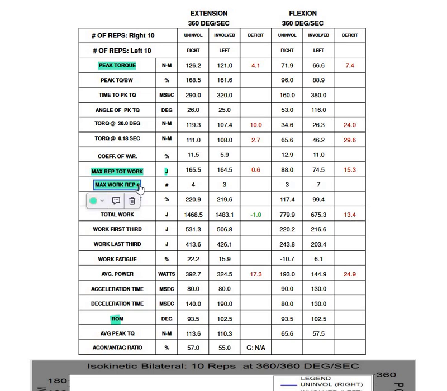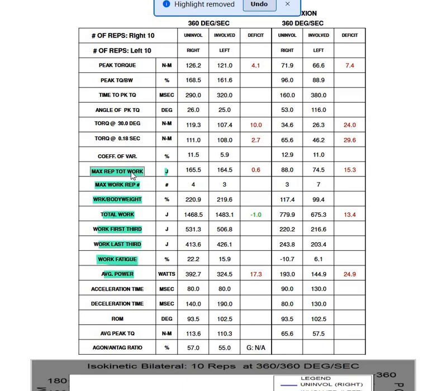We have maximum rep total work, we have the max work repetition, work divided by body weight, also then reported as a percentage, the total work that is performed across the set, work within the first third of the set, within the last third of the set, work fatigue, and finally average angular power, which is the work performed divided by the time that it took to perform that work. So I'm just going to delete some of these measurements that we're not interested in.